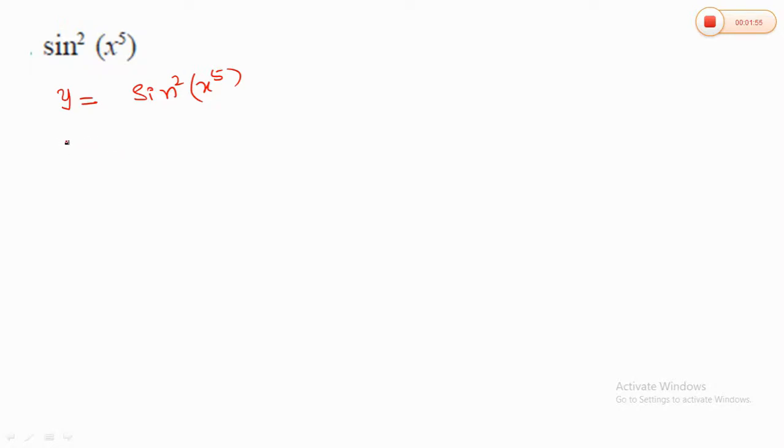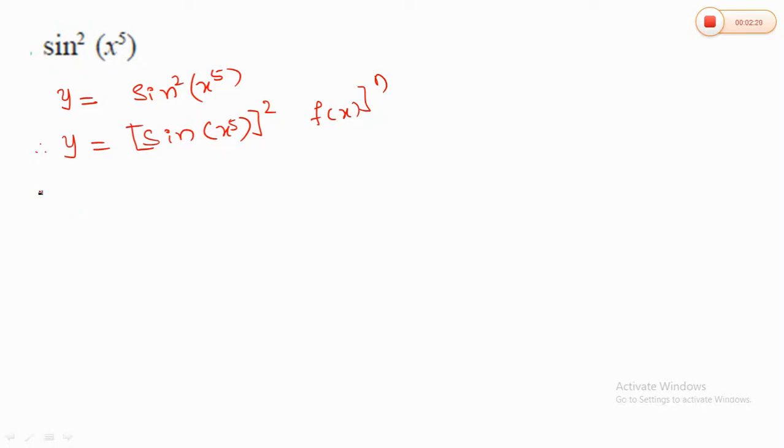So I will rewrite this one. Therefore y equal to sine of x fifth bracket raised to 2. So it is of the form f(x) raised to n. Here f(x) is sine x fifth. Again this sine is one function, x fifth is also one, so three functions are there.